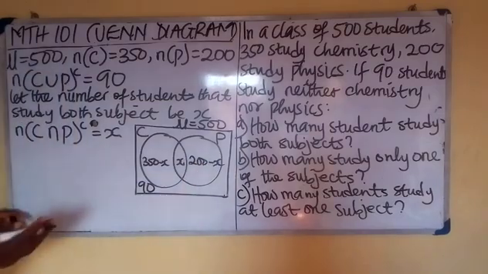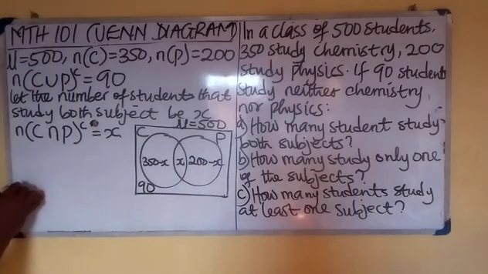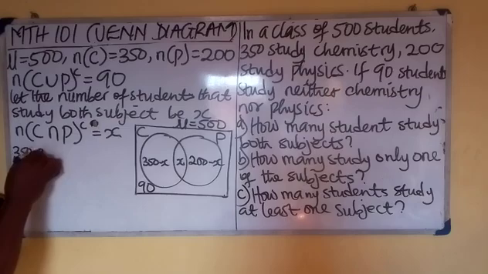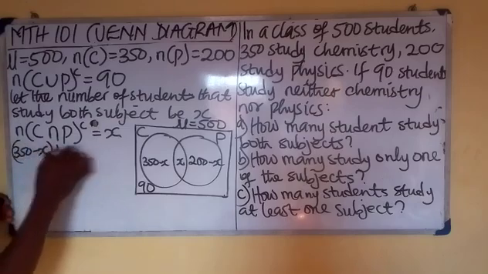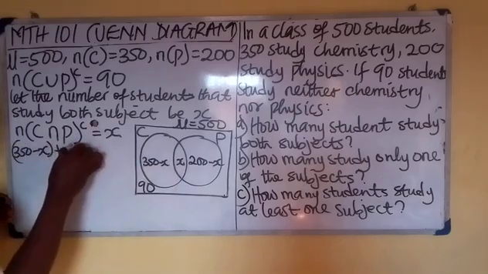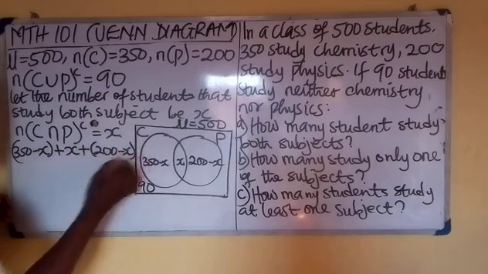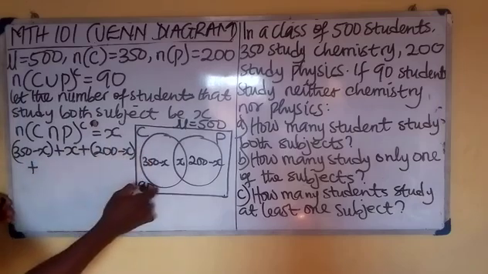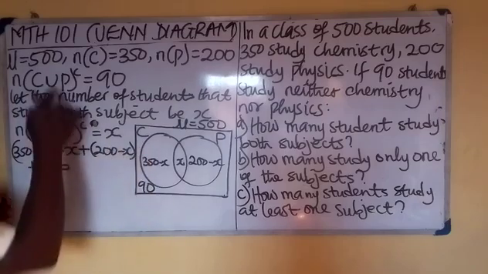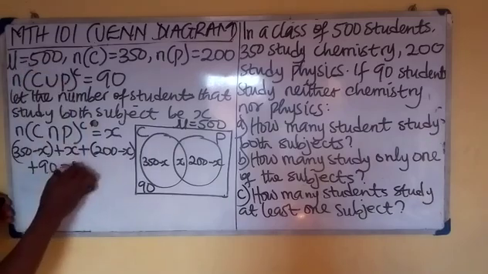So to solve this question further, I'll say 350 minus x plus x plus 200 minus x, then plus this 90 equals the universal set, so 500.